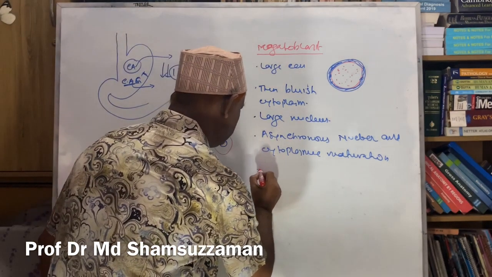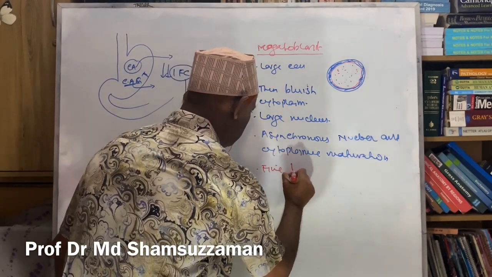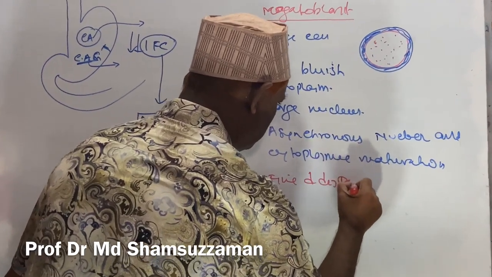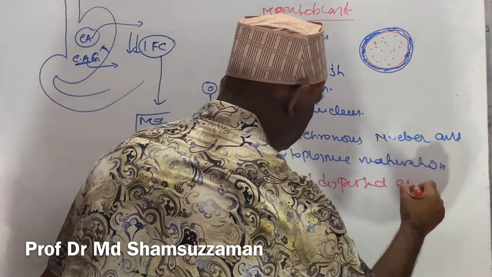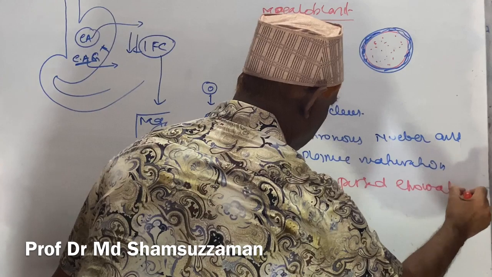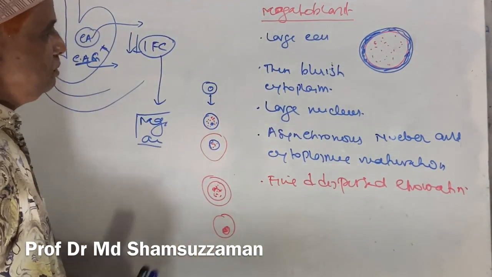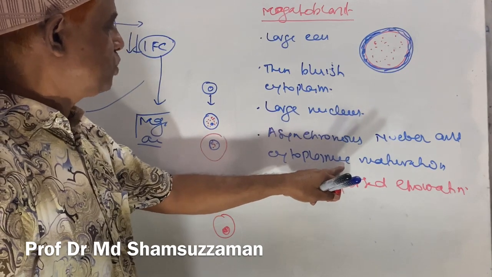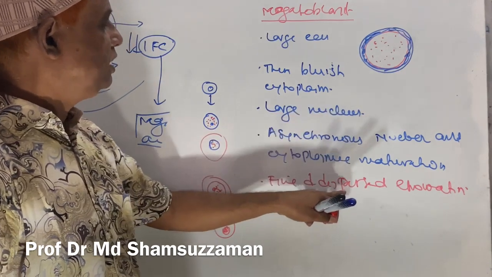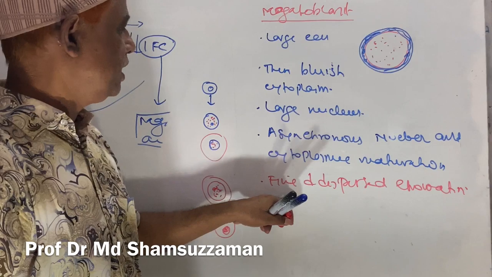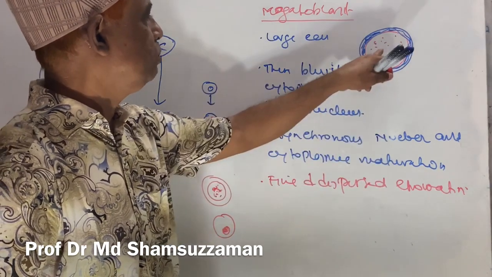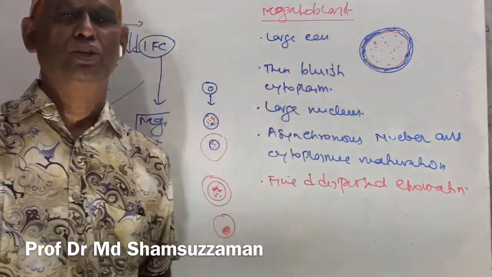Another feature is fine and dispersed chromatin. Normally, the chromatin clumps and there is a pyknotic nucleus. But as there is deficiency and maturation arrest, there will be no maturation or delayed maturation of the nucleus. So there will be fine and dispersed chromatin in the nucleus, and it indicates maturation failure.